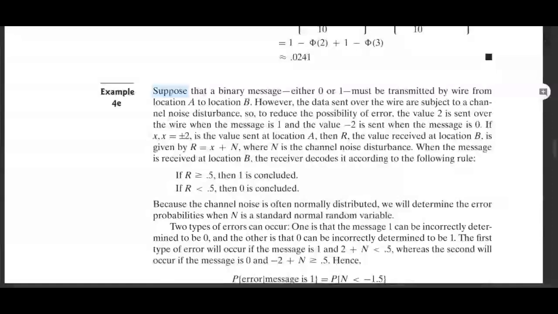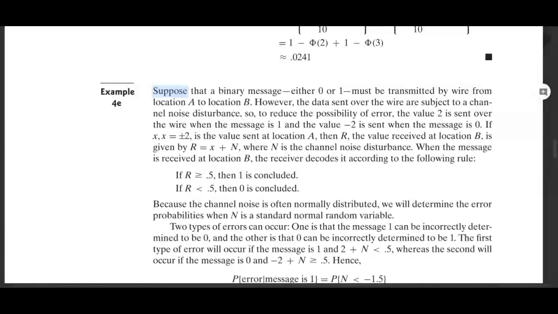Suppose that a binary message, either 0 or 1, must be transmitted by wire from location A to location B. However, the data sent over the wire are subject to a channel noise disturbance. So to reduce the possibility of error, the value 2 is sent over the wire when the message is 1, and the value -2 is sent when the message is 0.